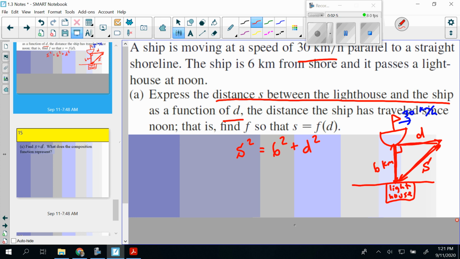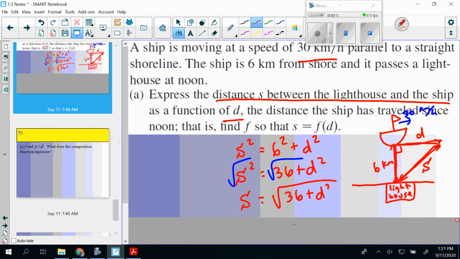Solving for s, we get 36 plus d squared, and to get rid of the square we take the square root. We don't need to worry about the negative answer because we're dealing with distance. So s would be the square root of 36 plus d squared. That right there expresses s as a function of d.